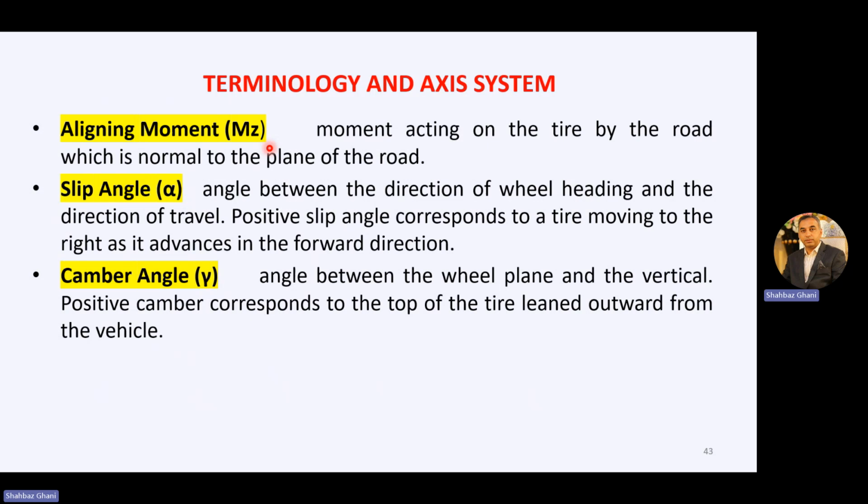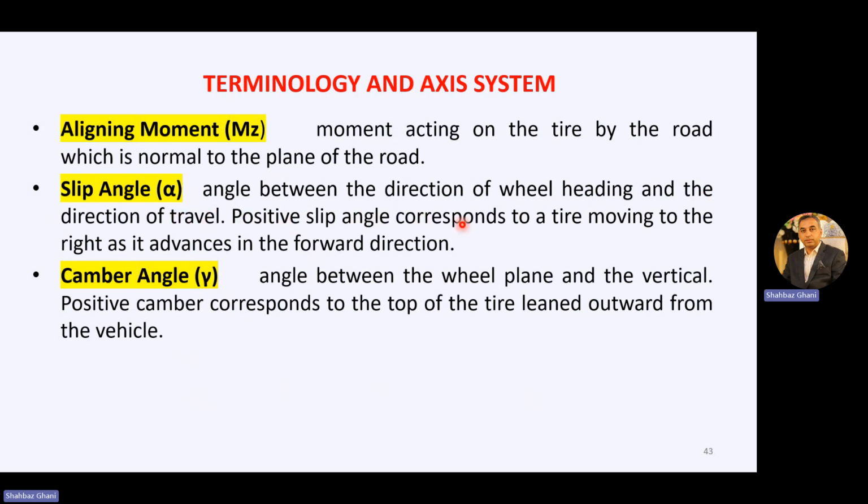Aligning moment or the torque moment, moment acting on the tire by the road which is normal to the plane of the road. And slip angle, the alpha, angle between the direction of the wheel heading and the direction of travel.